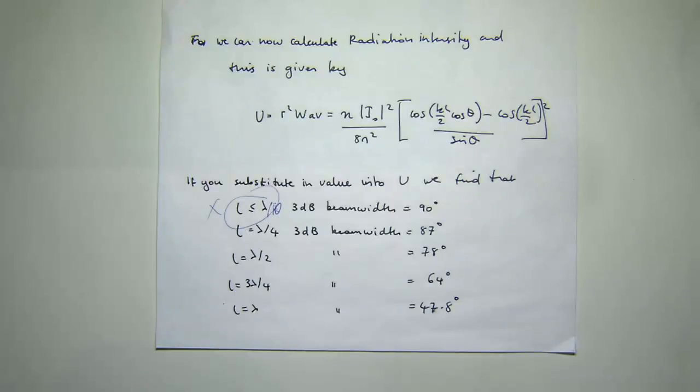Theta 1, theta 2. So we had a simple formula relating directivity, which is approximately 41,000 on theta 1, theta 2, which is the angle or the beam width, right?